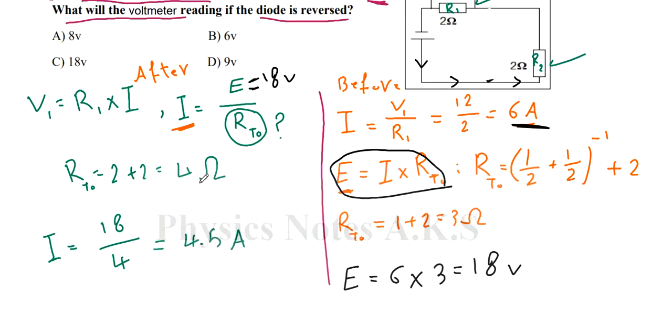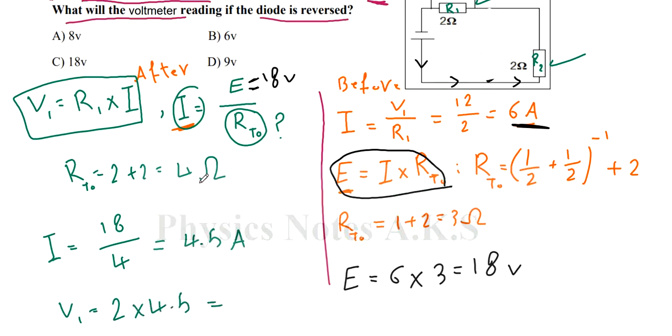I found the current to substitute it in here. They are asking me to find the reading of the voltmeter. So V1 equals R1, which is 2, multiplied by 4.5, which equals 9 volt. So the answer is D.